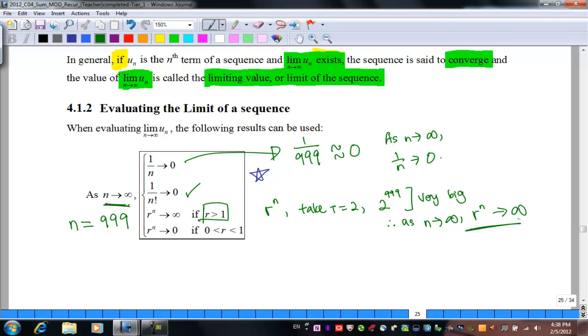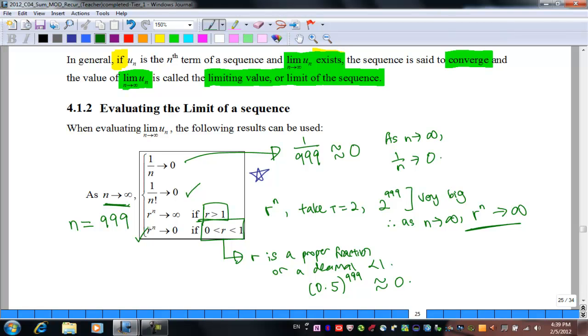In fact, it diverges. Finally, if r is between 0 and 1, what does this mean? r is a proper fraction or a decimal that is less than 1. So values like 0.5. Let's key in one example, 0.5 to the power of 999. Can you see that this is also approximately 0? So this is why r to the power of n will tend towards 0 if r is between 0 and 1.